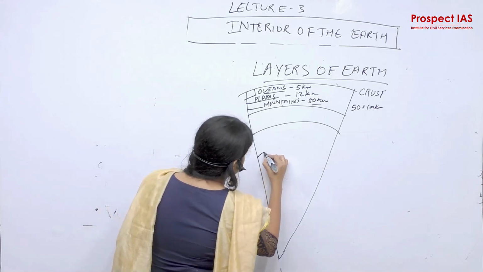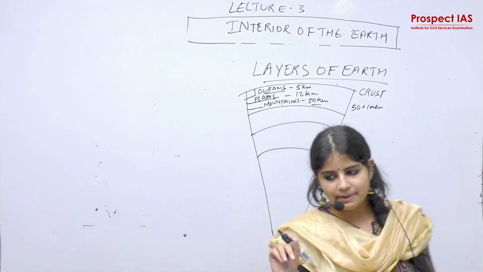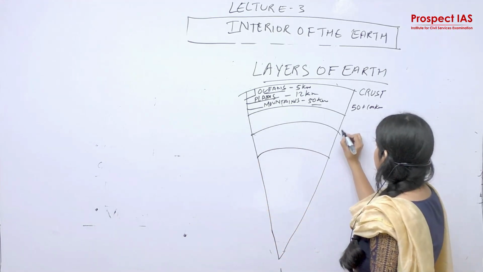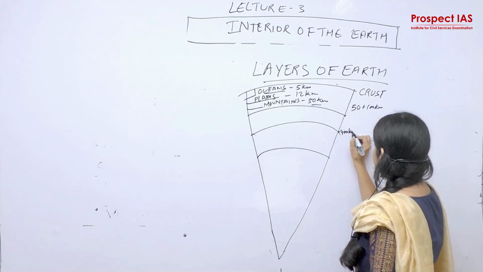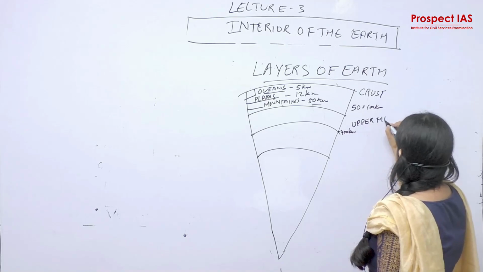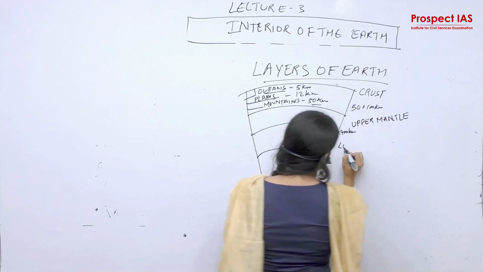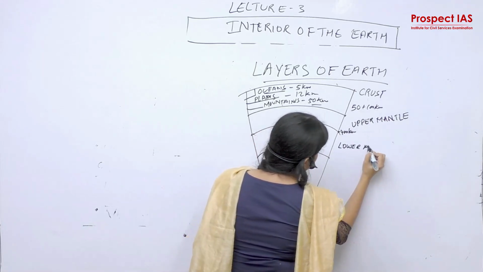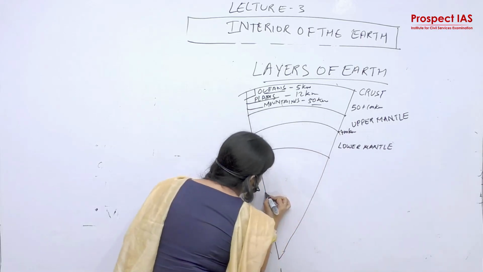Mantle is divided into two parts, upper mantle and lower mantle. Upper mantle is from 100 to 400 kilometers. This is upper mantle, and this is lower mantle. Again the core is divided.